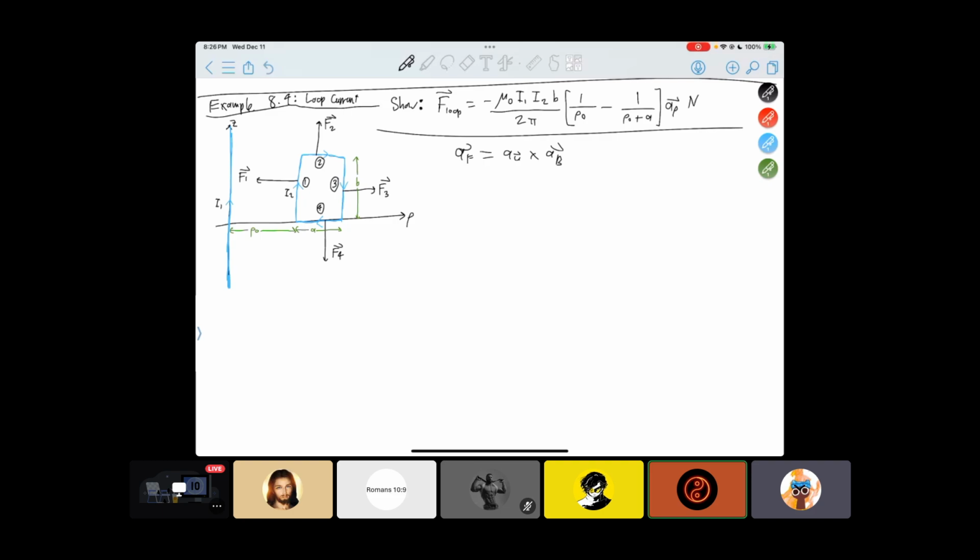Wait, so the dU, where is that pointing? dU is the direction of the current. Okay, dU is the direction of the current, which is pointing up, right? Yeah, it's pointing in the Z direction. Wait, okay, one second. And then the dB is pointing where?